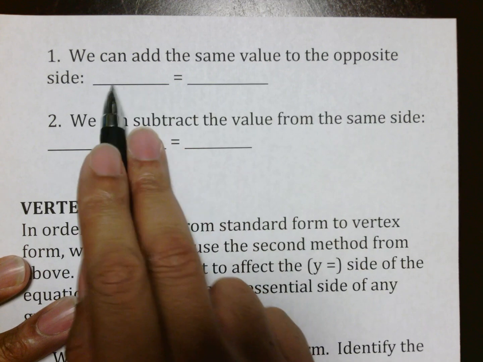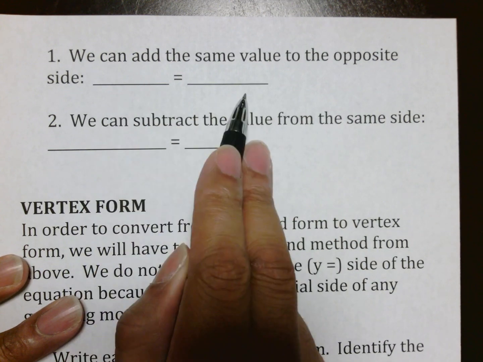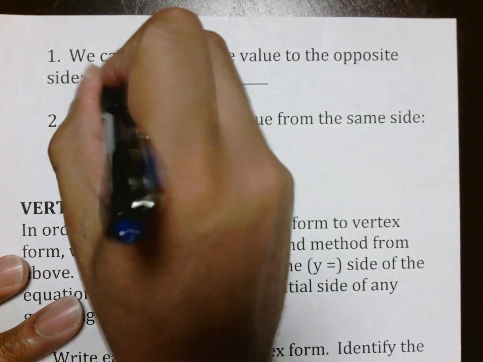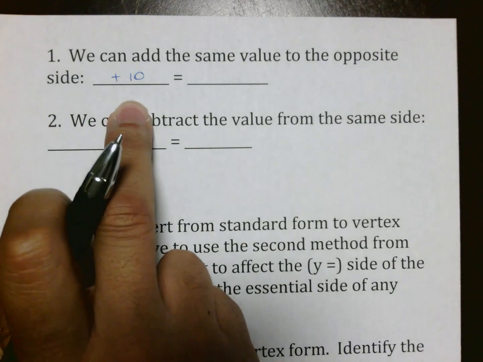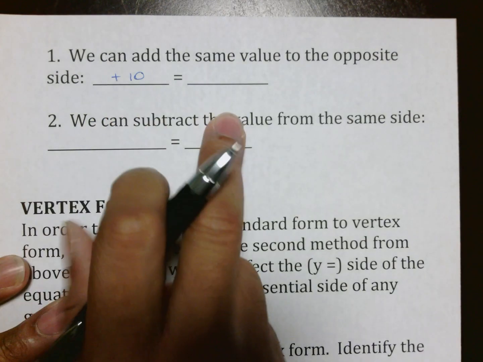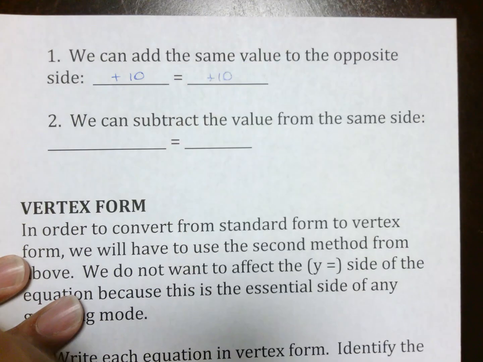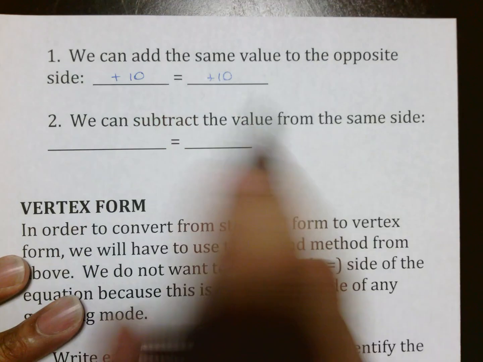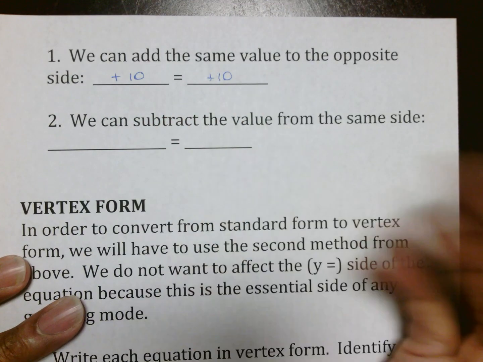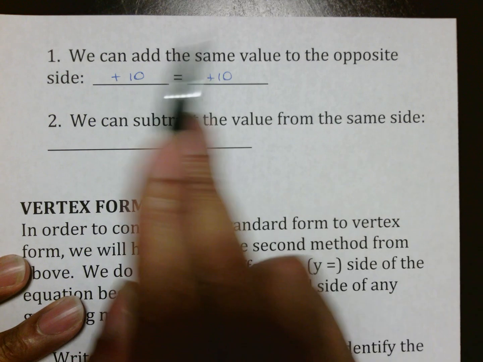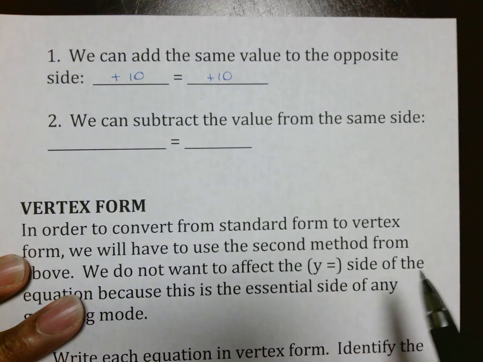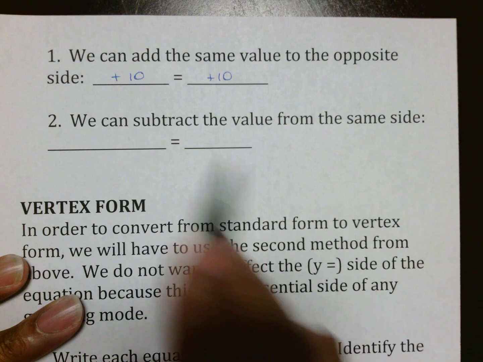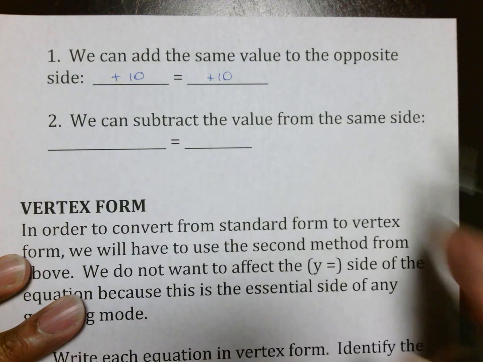So in other words, if this was a scale and it was already balanced, and we added, let's say, 10 to this side, that just got heavier by 10, and so what we can do to offset it is to add 10 to that side, and then it's balanced again. Whatever was there was already balanced because that's why it's called an equation. So if we add 10 over there, then we also add 10 over here, and that would be one way. 4.7 on the other hand does the other one, which is you subtract the value from the same side.